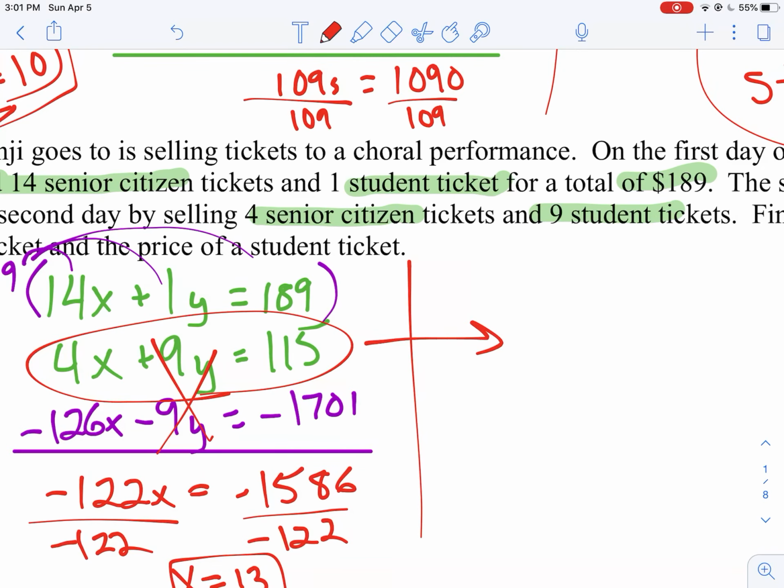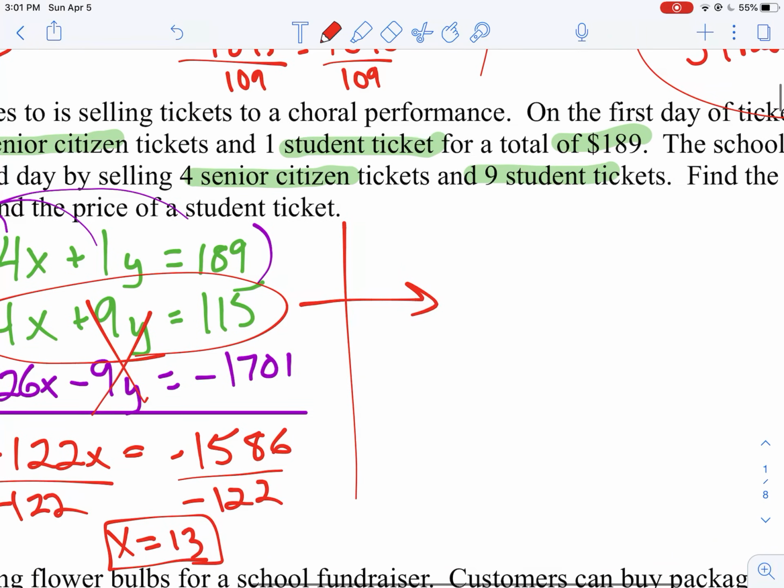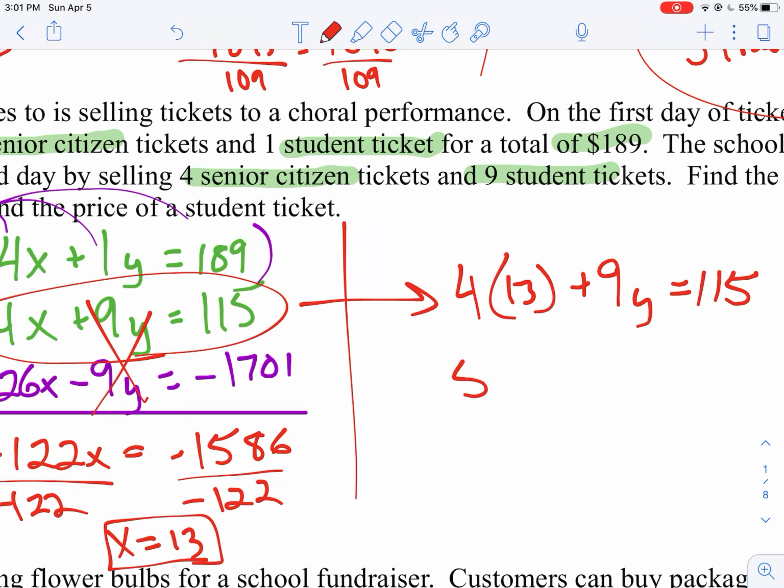You could choose either, I've said it before. So we have 4 times 13 plus 9y equals 115. 4 times 13 is 52 plus 9y equals 115.